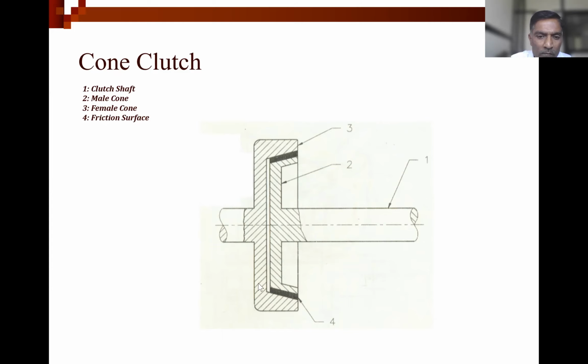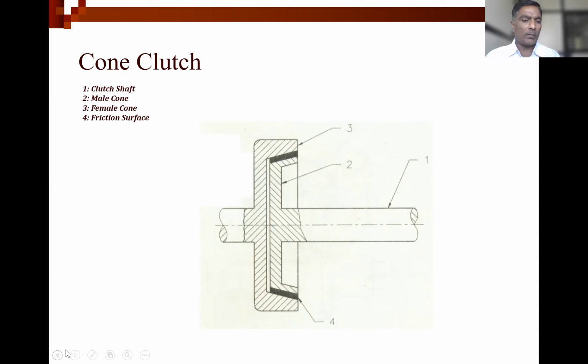So such an arrangement is mounted on the flywheel, or you can just consider this number 3 as a flywheel and this as a clutch, on which this frictional material is provided. So we can shift this way.